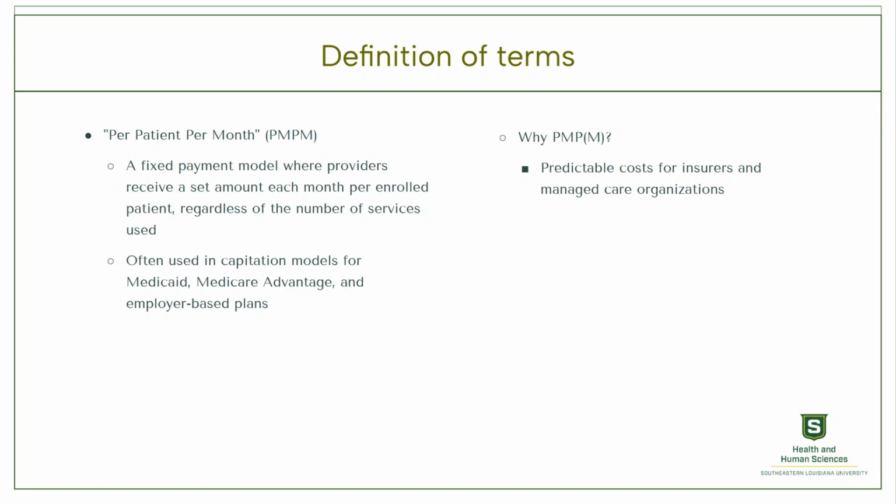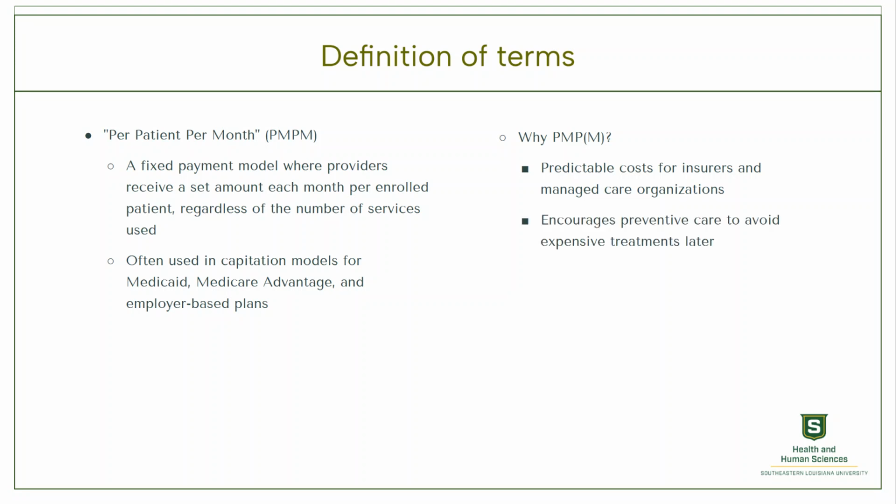If you reimburse per service, it's more complicated and unpredictable, because in one month you may have very expensive services provided, and in another month very low-cost services. With PMPM, it's more predictable, because insurance can have an idea of how much they're reimbursing.